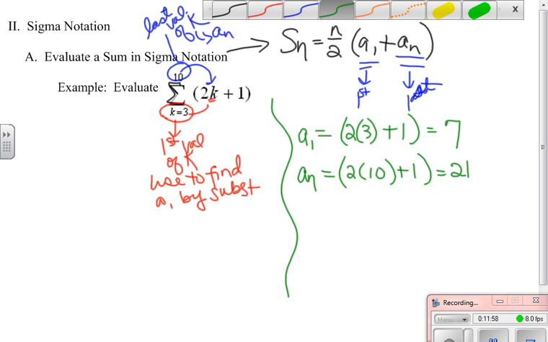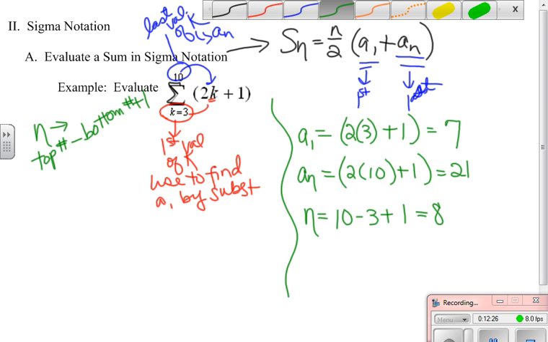And to find what n is, the formula for n is top number minus bottom number plus 1. So n is equal to 10 minus 3 plus 1 in this case, and that equals 8.